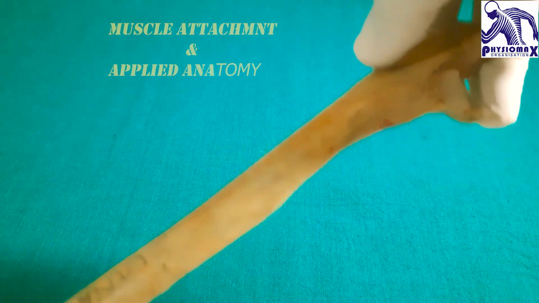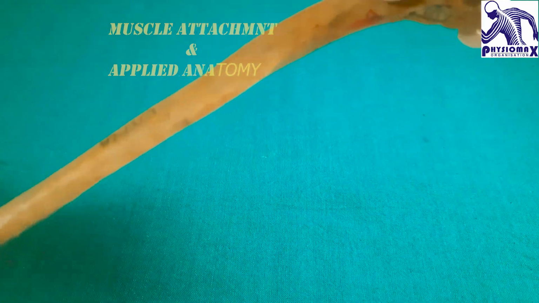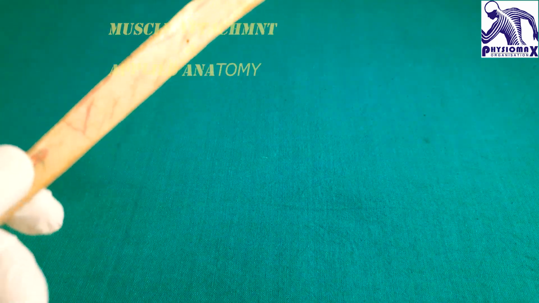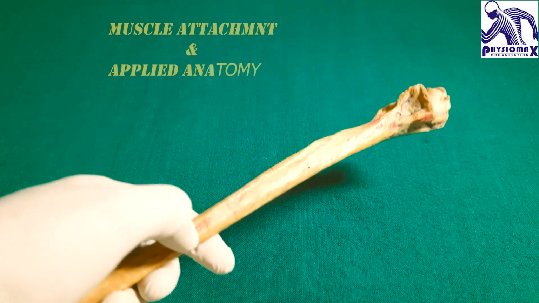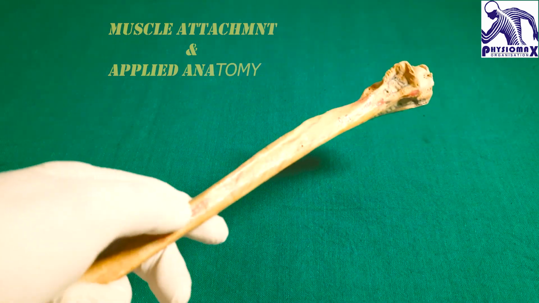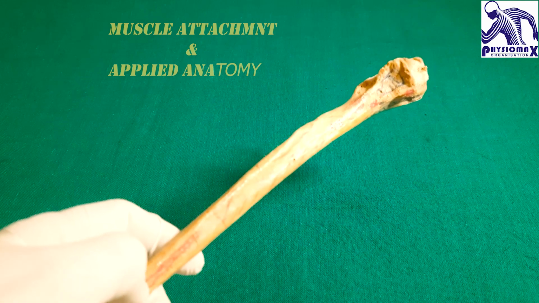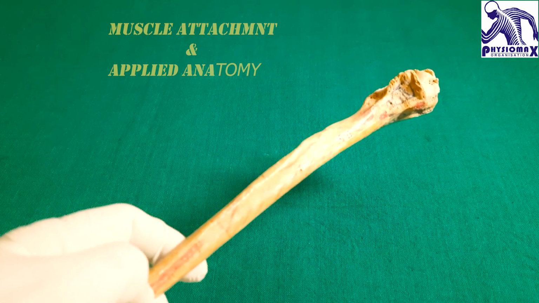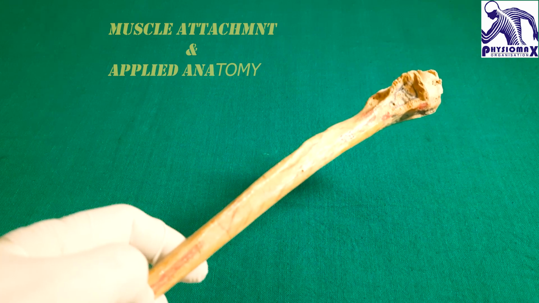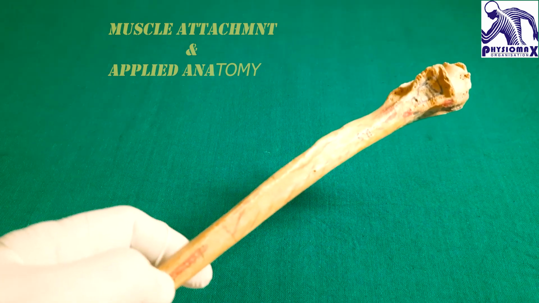Now the lateral part of the shaft gives origin to the abductor pollicis longus. This region is the origin of the abductor pollicis longus, and below that we have the extensor pollicis longus and extensor indicis. So these are the three muscles which originate from the lower shaft of the ulna.